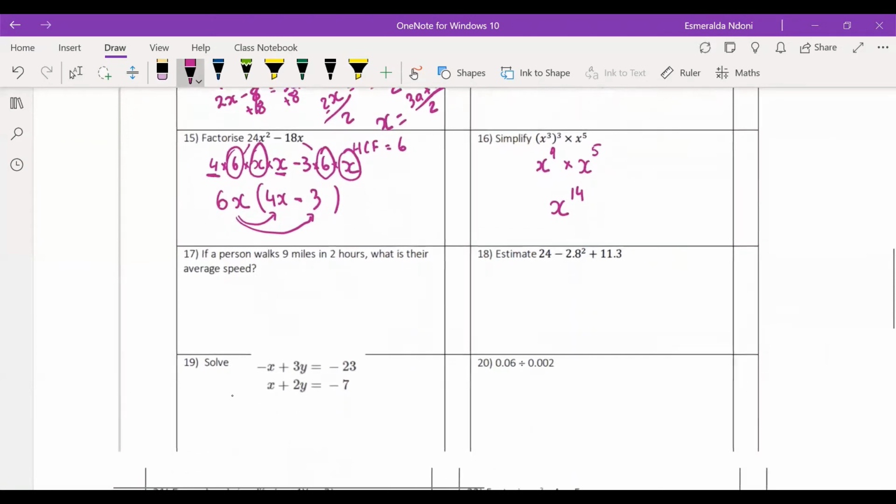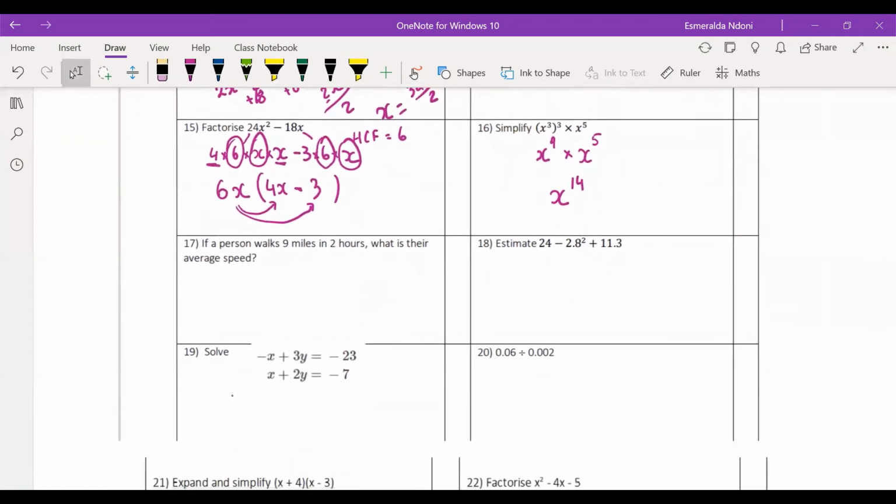Question 17. If a person walks 9 miles in 2 hours, what's their speed? We know that we need the box method for speed, distance, time questions. We also know that 2 hours is equal to 120 minutes, 2 times 60. So let's go. Miles, minutes. We draw the boxes.